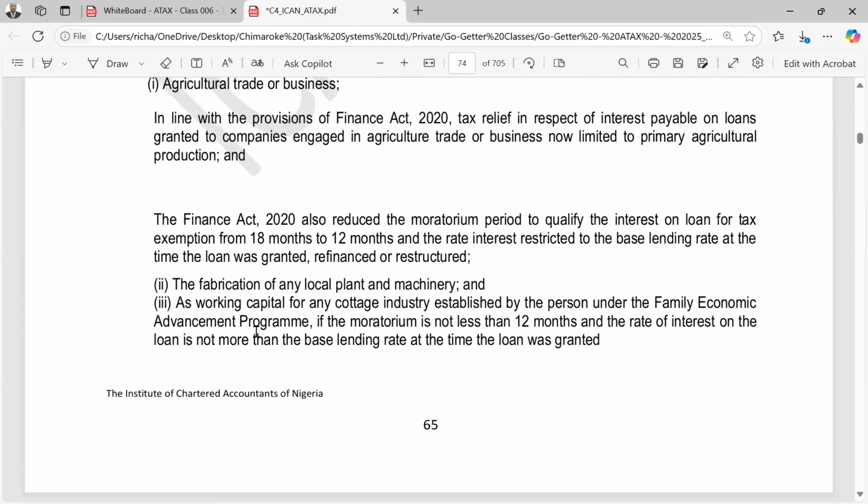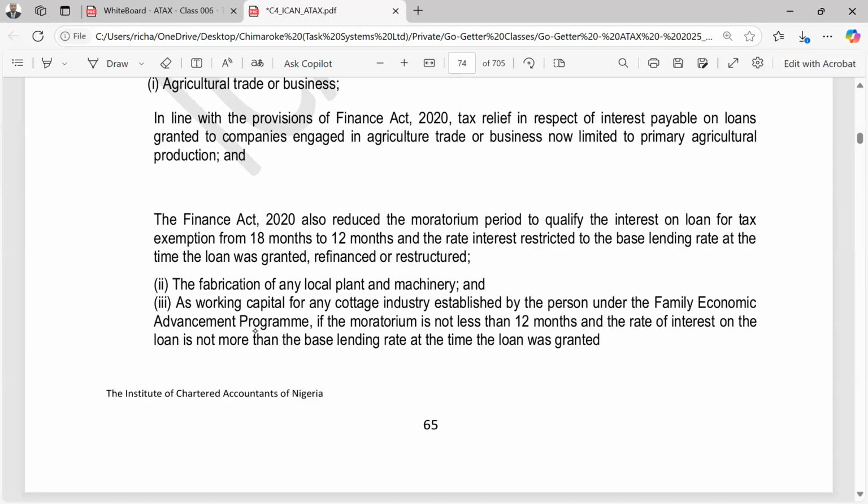Now, Finance Act 2020 also reduced the moratorium period to qualify the interest on loan for tax exemption from 18 months to 12 months. When we say moratorium, it is the period where you are not repaying the interest, maybe because there is no activity.